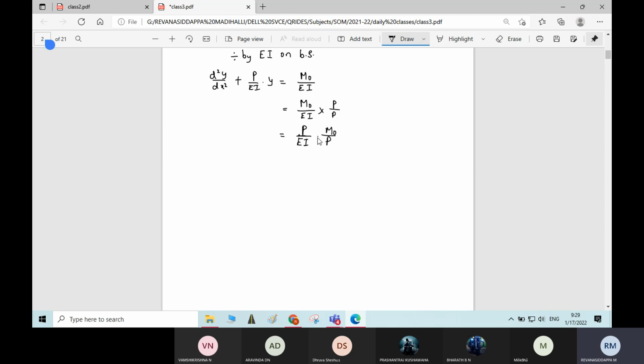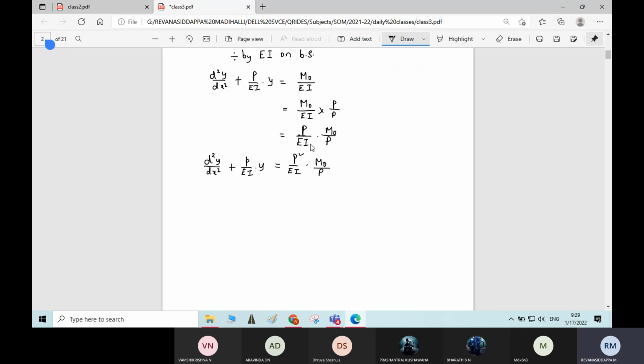I have rewritten this equation as P/EI into M0/P. Therefore d²y/dx² plus P/EI into y is equal to P/EI into M0/P. I have multiplied and divided by P for the RHS because we want one constant at the RHS, that is P/EI.